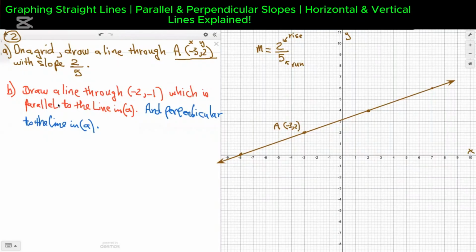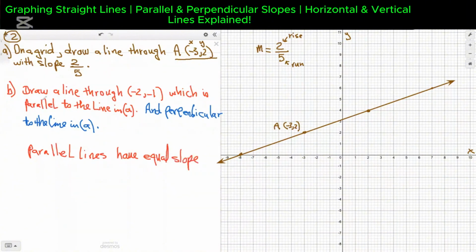The next thing they say: draw a line through -2 and -1, which is parallel to the line in A. Now, all of you remember from last class, previous to this one, we said parallel lines have equal slopes.